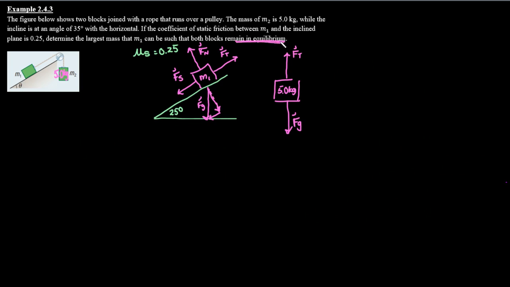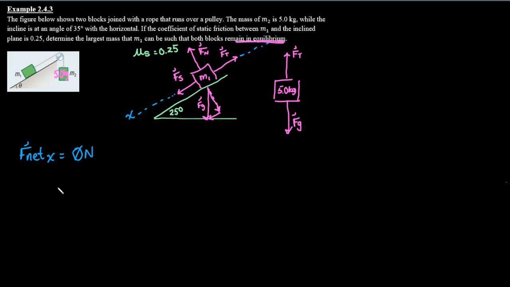So what I'm going to do is let's look at the block on the horizontal first. For it to remain in equilibrium means that if we look at this x direction right here, it's not going to move. So if I look at the F net of mass 1 in the x direction, it has to equal 0.